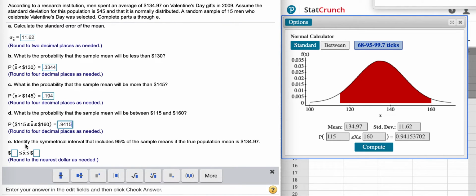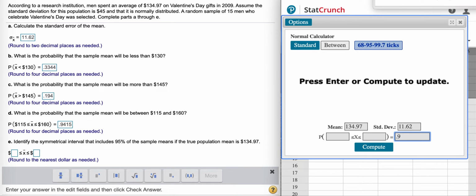Now in part E, it says identify the symmetrical interval that includes 95% of the sample means if the true population mean is 134.97, with the standard deviation, of course, we've calculated to be 11.62. Here, I want the area between two values going the same distance left and right of the center. What I want to do is trap the middle 95%, so I'll say the area between two values is 0.95.